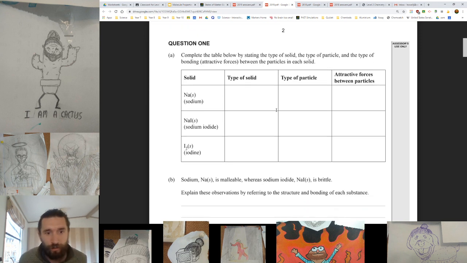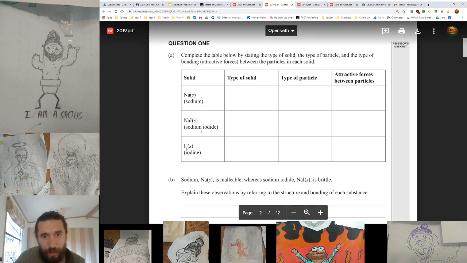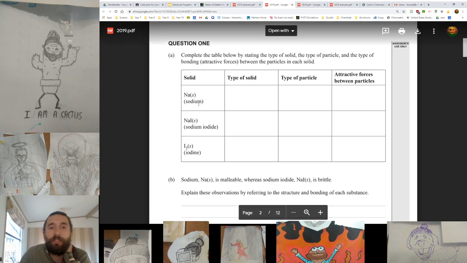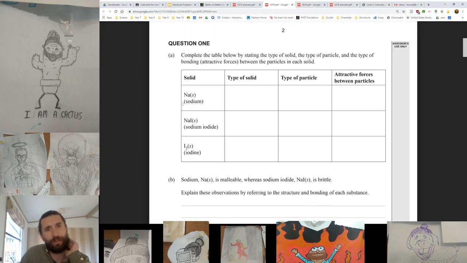Ionic is the one which is going to be made from a metal and a non-metal. Sodium iodide, that is ionic. The molecular one is only going to be made from non-metals, or atoms on the right of the periodic table, iodine. And the metallic one is only going to be made from metals, which is the one on the left. But we haven't looked at metals yet. Sodium.